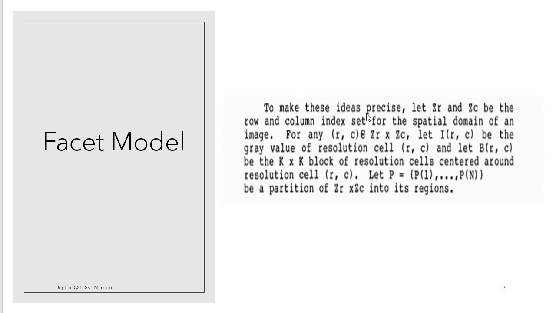For any row and column belonging to ZR cross ZC, let I of R comma C be the gray value of the resolution cell R comma C. Let B of R comma C be the k cross k block of resolution cells centered around the resolution cell.